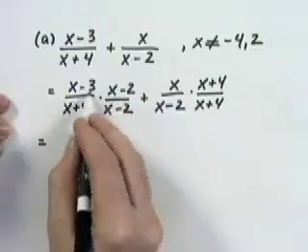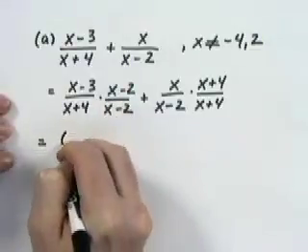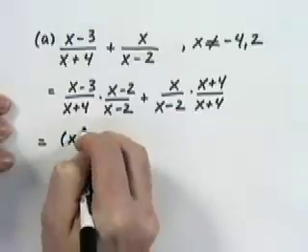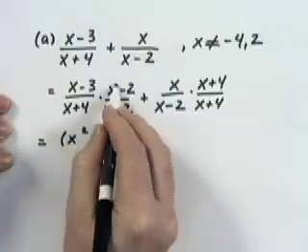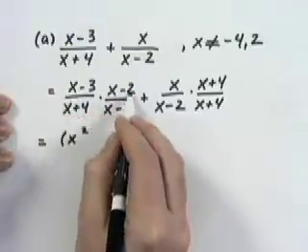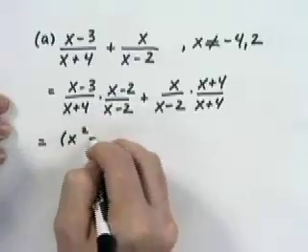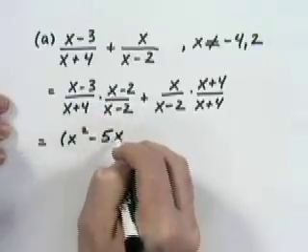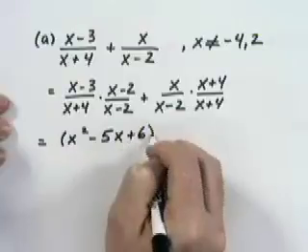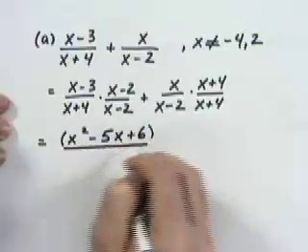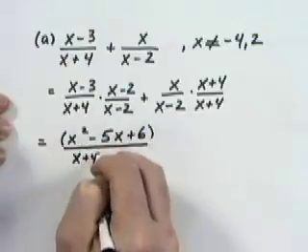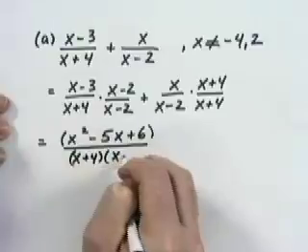So in the numerator, I'm going to multiply these out, and the result is going to be x squared, minus 2x, minus 3x, or plus negative 3x, gives me negative 5x, and then plus 6. And that's going to be over x plus 4 times x minus 2.